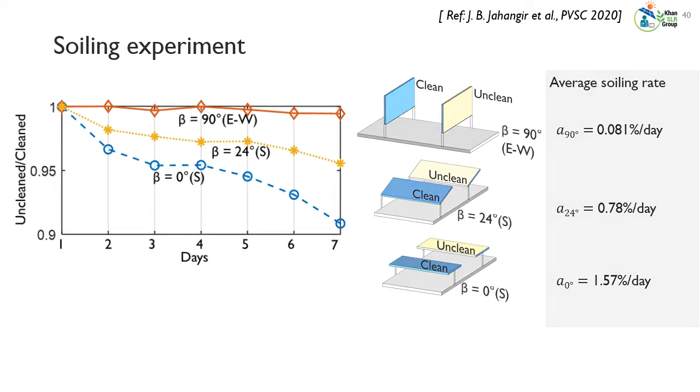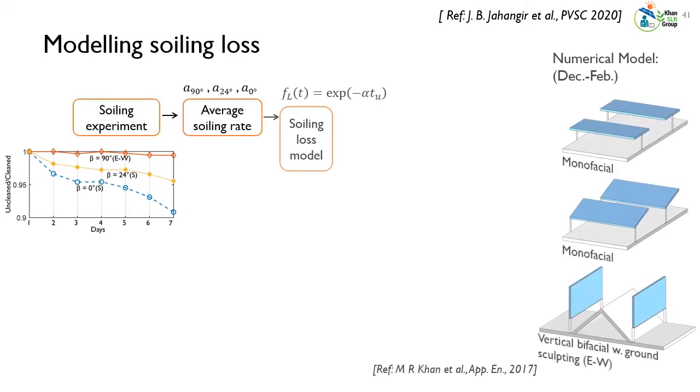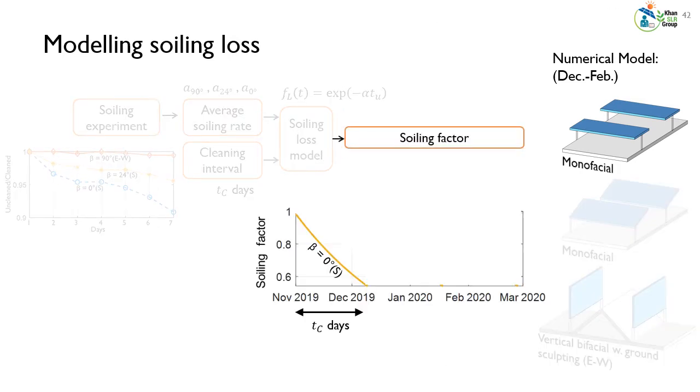Now that we have the soiling rates for different tilt angles, we can figure out what would be the soiling loss factor depending on a certain cleaning interval. For example, let's say we choose a cleaning interval of 40 days. So the output would be decaying depending on the soiling loss we already figured out.